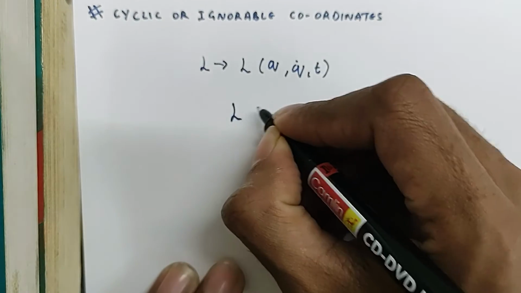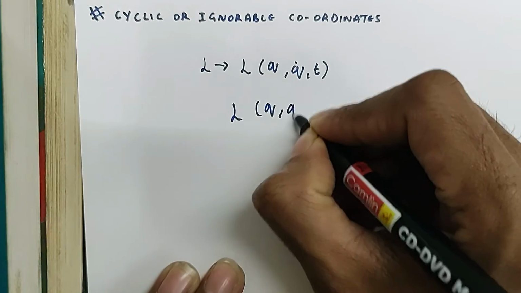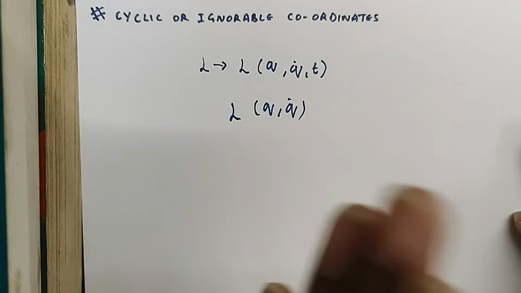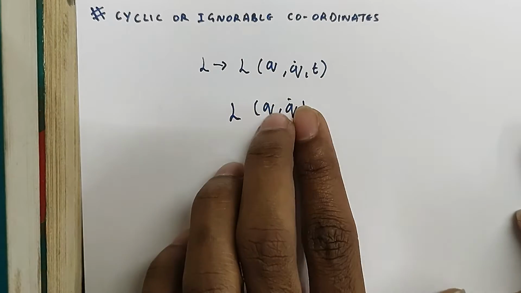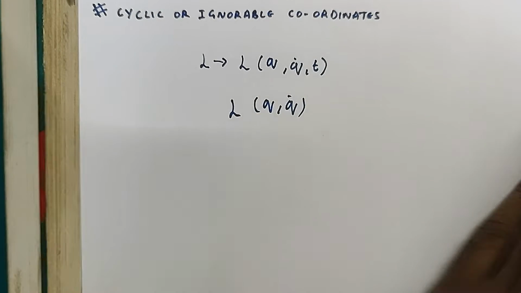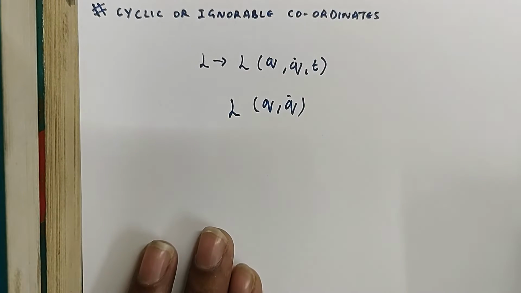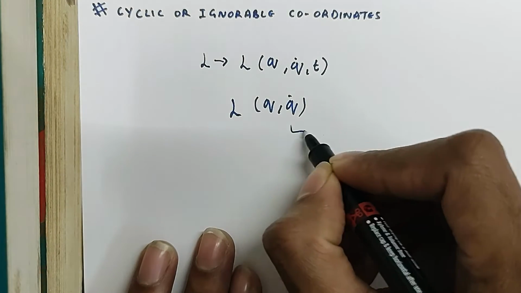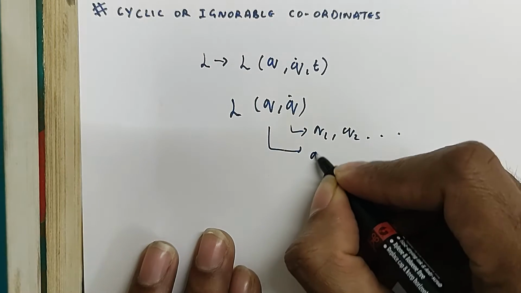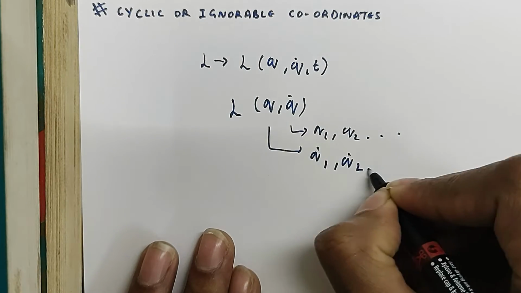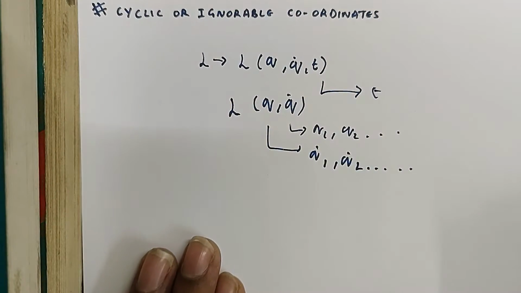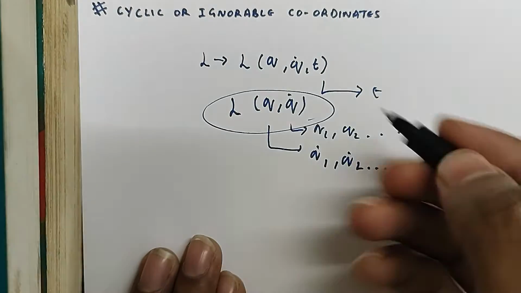But I only consider the Lagrangian as depending on q and q dot. Of course it depends on time, but for our discussion, let's say it depends on q and q dot, because q and q dot have unique representations, q1, q2, and so on, and similarly q dot 1, q dot 2, and so on, while t is just t. So that's the reason I'm taking this for our current discussion.